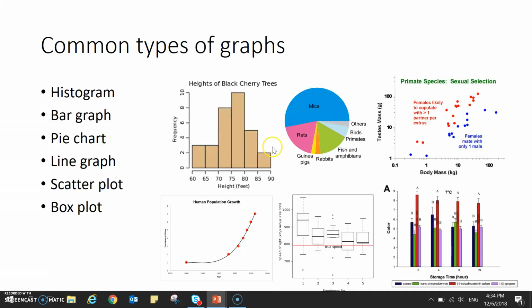Another common kind of graph to be used is the pie chart. Pie chart shows you the distribution of the various animals in this case. It will show you which one is the most abundant. The majority in this case is the mice, followed by rats and fish and amphibians, and so on and so forth.